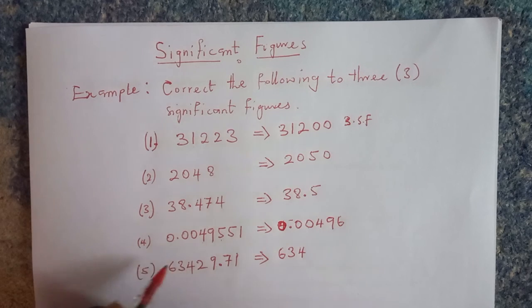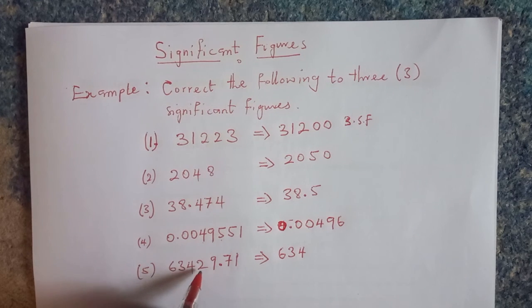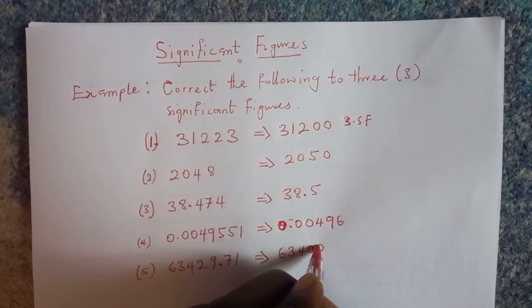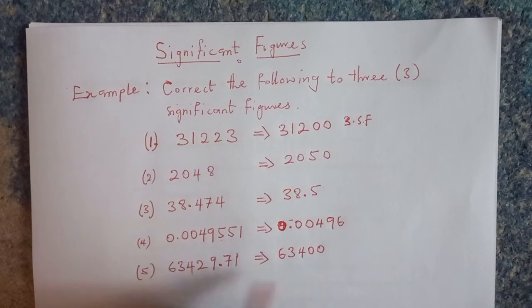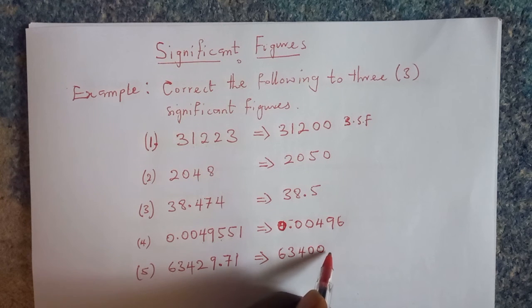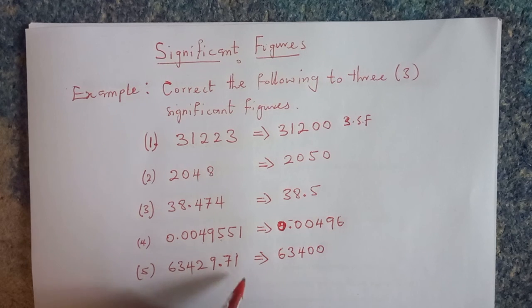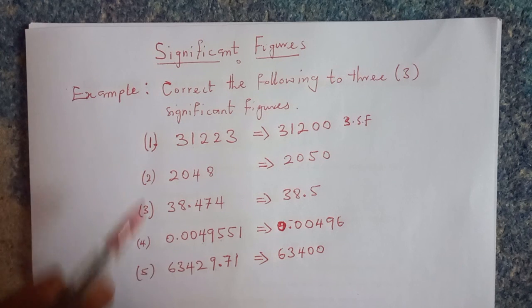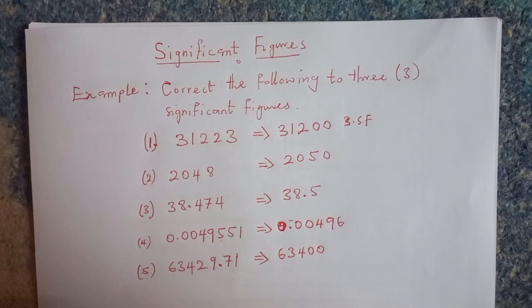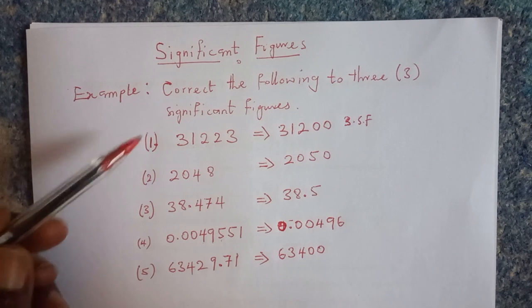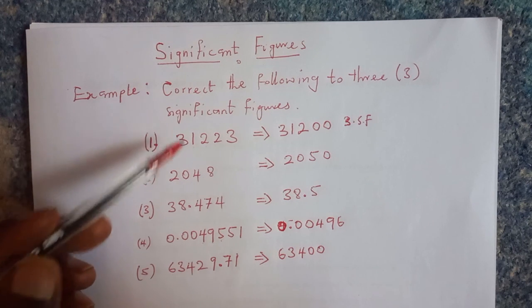The values of 2 and 9 will be replaced by 0, 0. There is no need for me to include 0.00, because even if I do that, it will not change the nature of our answer. So this is how you would normally express these digits in 3 significant figures.